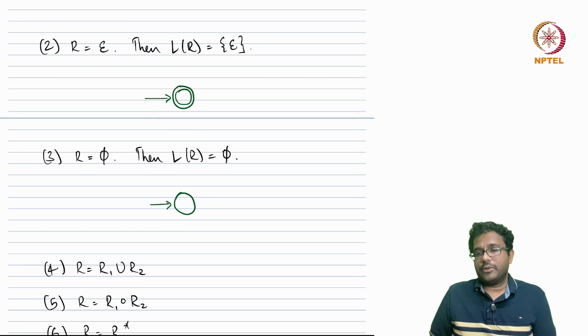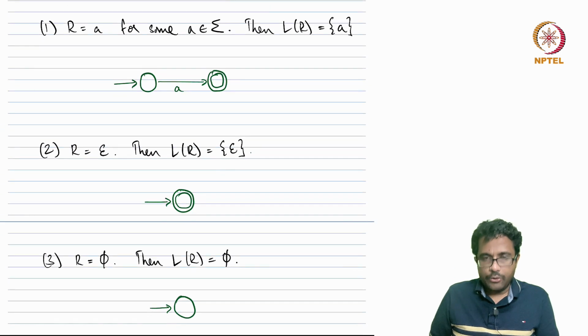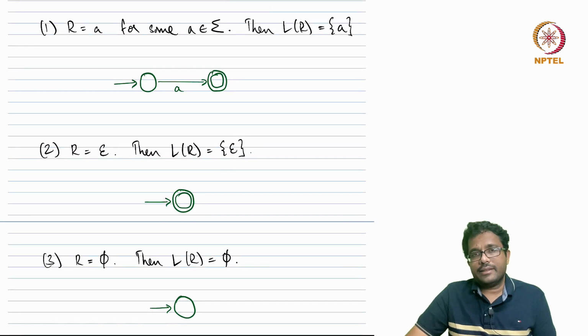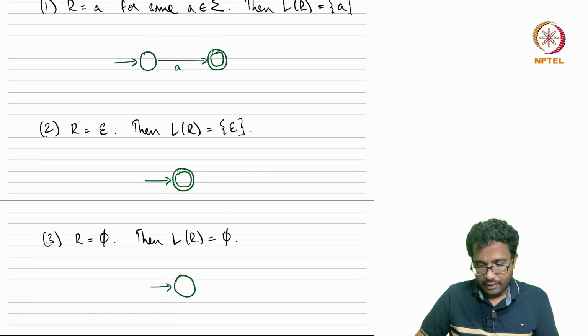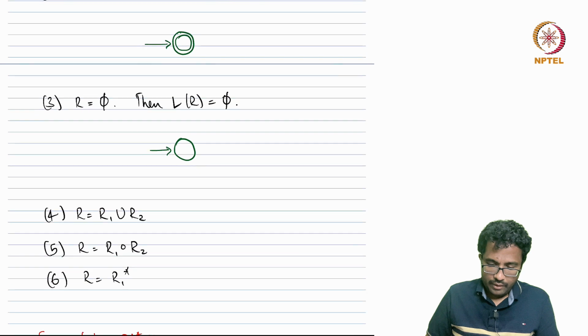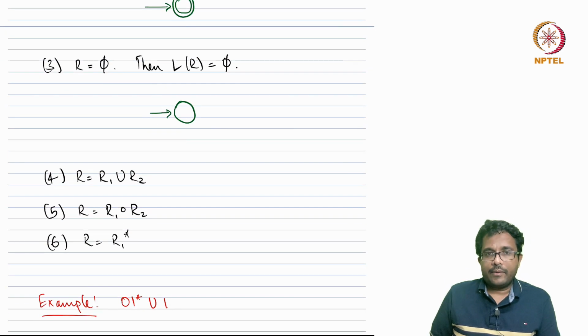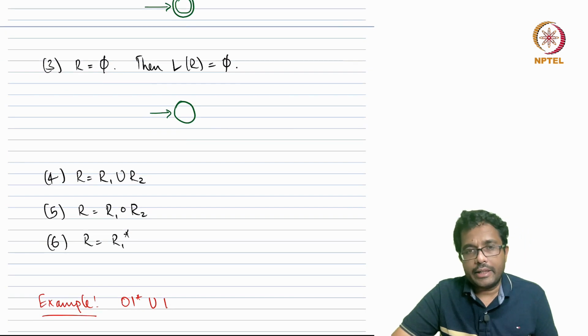So there you go, three simple NFAs that accept the language with just the symbol A, just the empty string, and nothing. And then, given R1 and R2 being regular expressions, we have the union, concatenation and star.